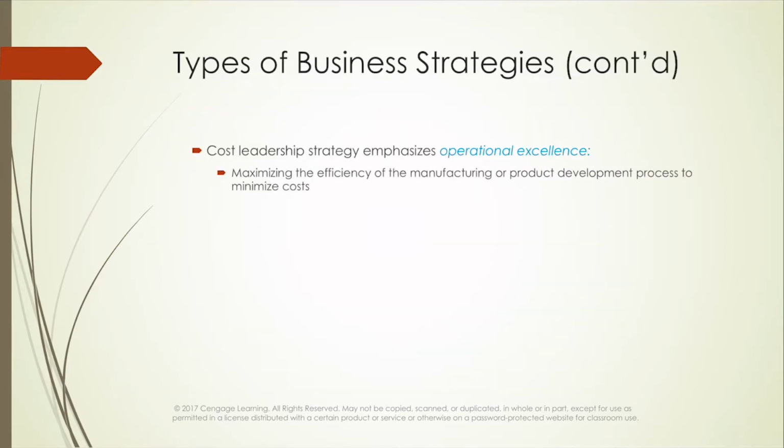Now, cost leadership strategy emphasizes operational excellence. Here they're maximizing efficiency of the manufacturing or the product to minimize cost. Now also, if you are managing a production unit, you want to be able to produce that product at the lowest price.